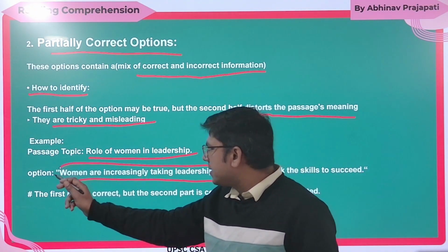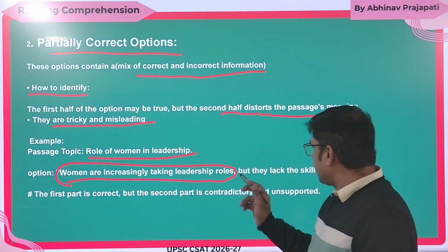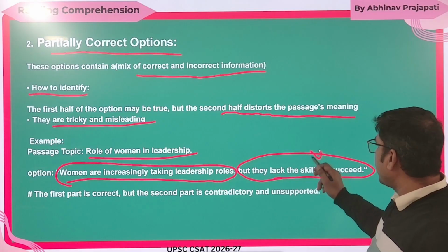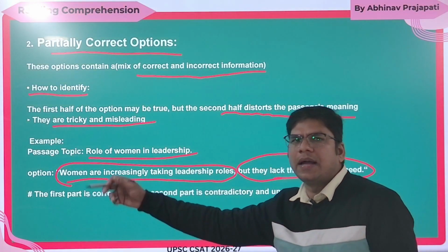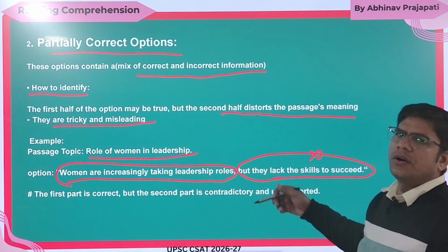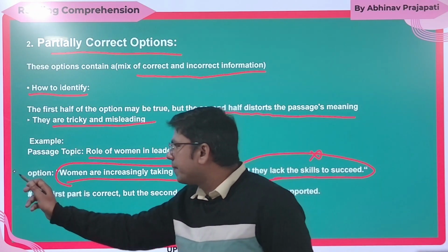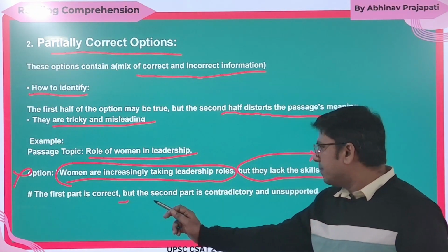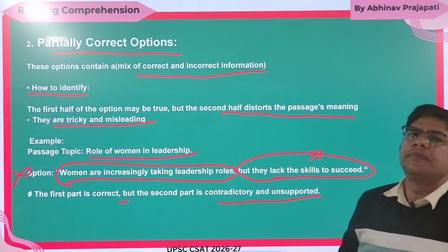This part is aligned with the passage. But then it says they lack the skill to succeed. This is not aligned with the passage. So the first half is aligned and the rest is not, and we should reject these options outright. The first part is correct, but the second part is contradictory and unsupported by the passage.